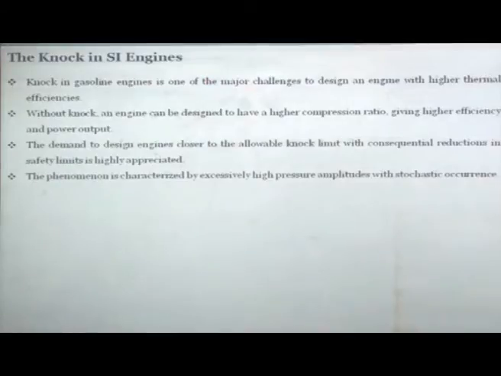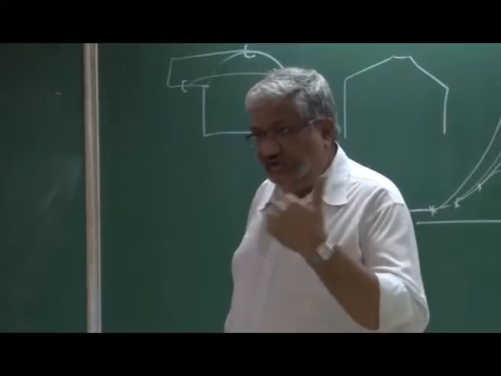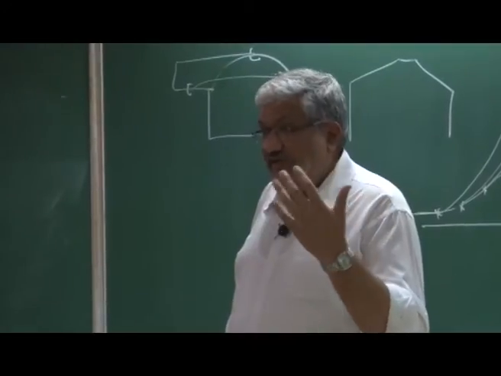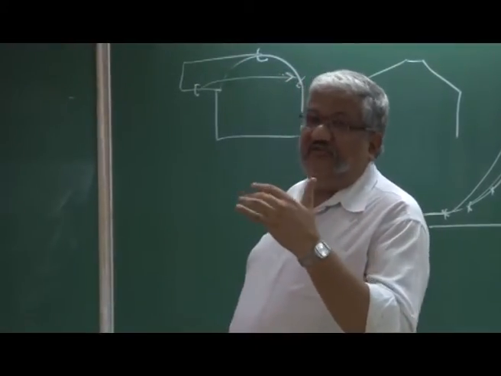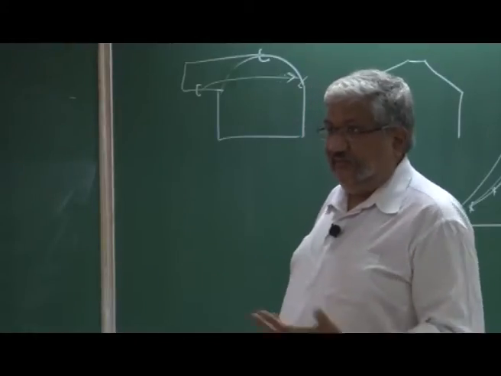So knock in the gasoline engine is one of the major challenges in designing an engine with higher thermal efficiency. Okay, this is what puts the limitation. Otherwise, theoretically we have seen that the efficiency of an SI engine depends only on compression ratio. You can keep on increasing as much as you like, but when you reach a compression ratio of 10, 11, you run into problems such as knocking, and that makes it impossible.